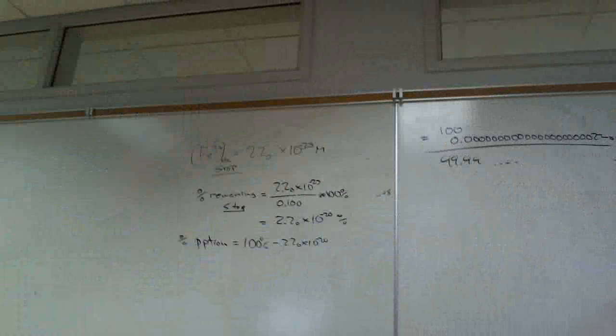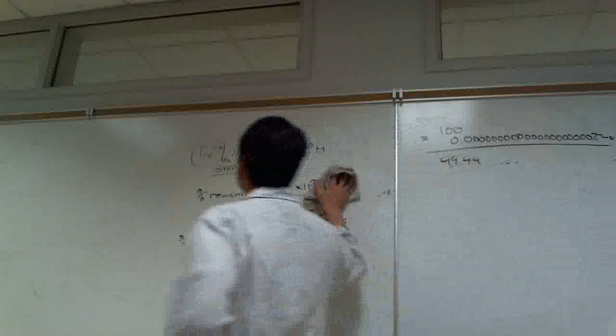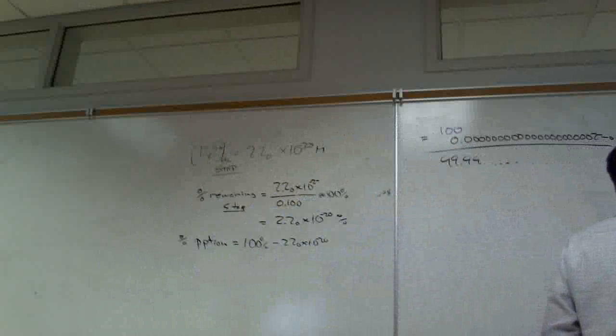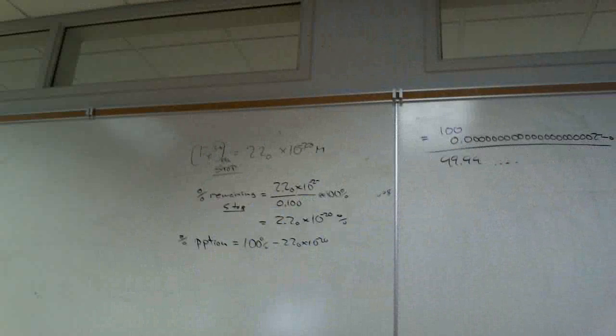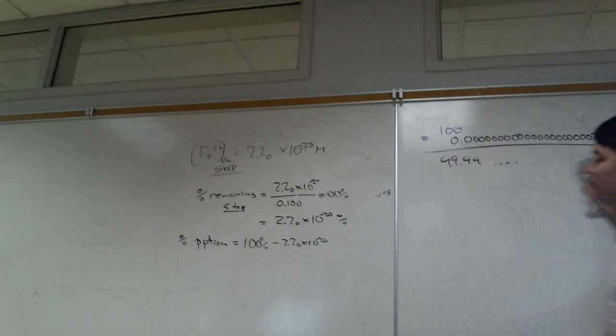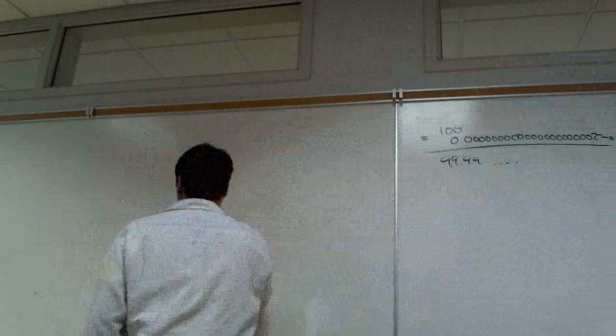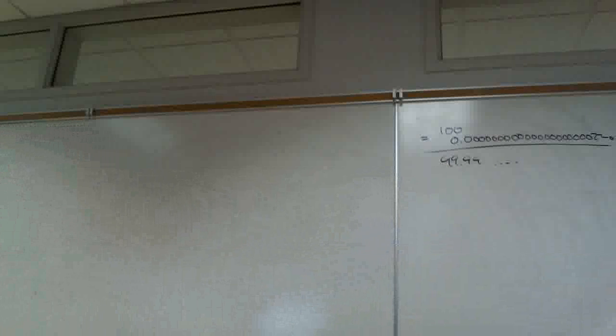Now, we're going to talk about today's lab. Today's lab I'm going to change around a little bit because I didn't want to use the whole lab period for it.